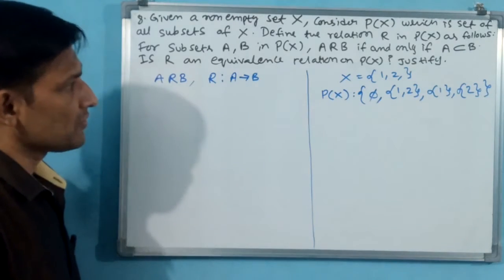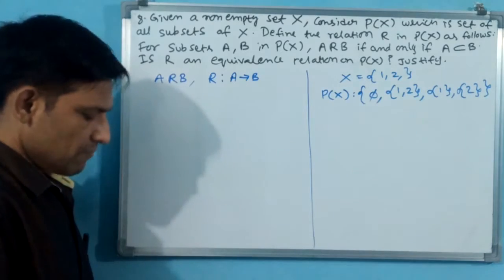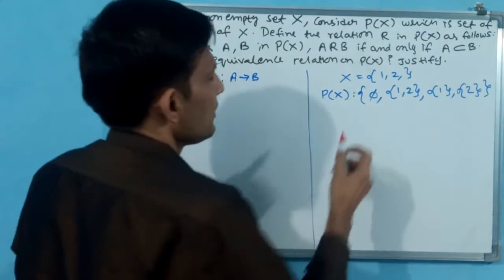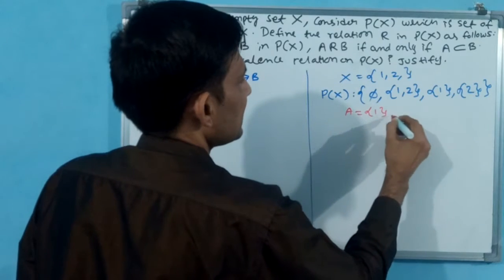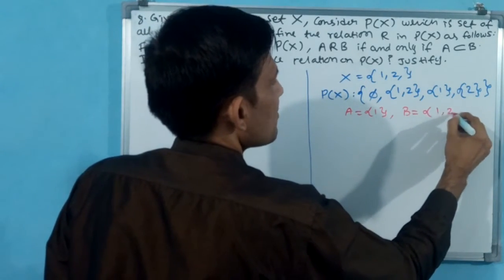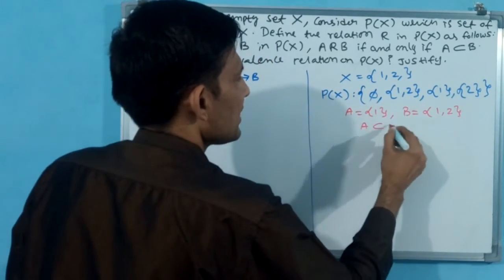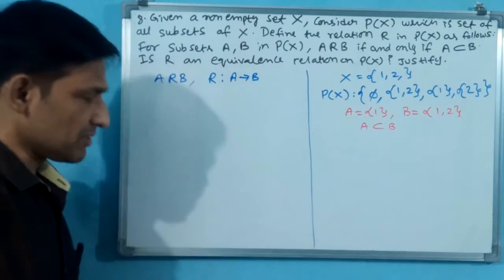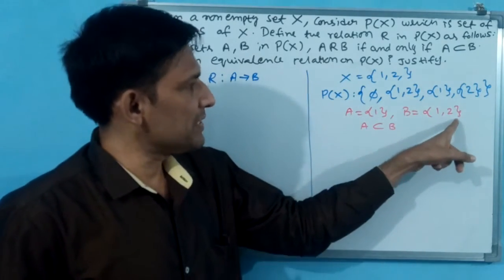A is a subset of B means what? I go here and write like this. A is equal to 1, B is equal to 1, 2. Now you tell me, is A a subset of B or not? Definitely a subset, because A has one element, B has one plus extra.